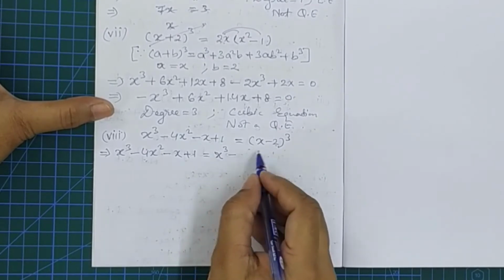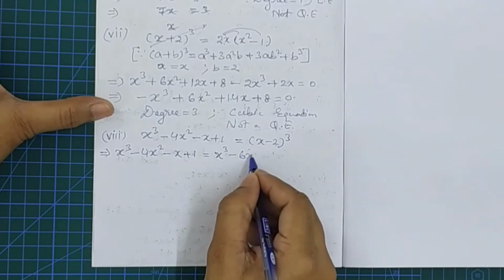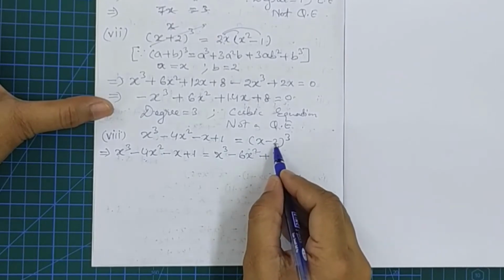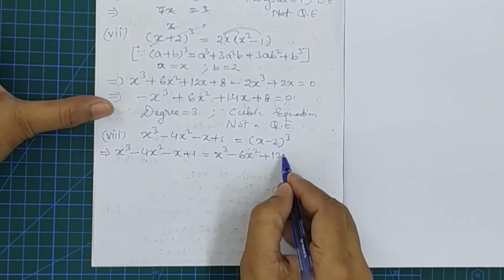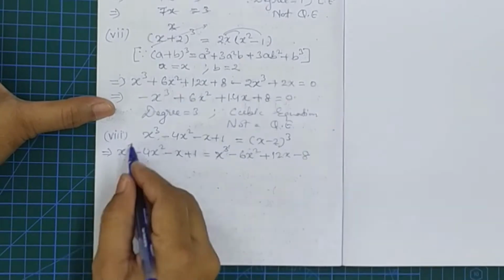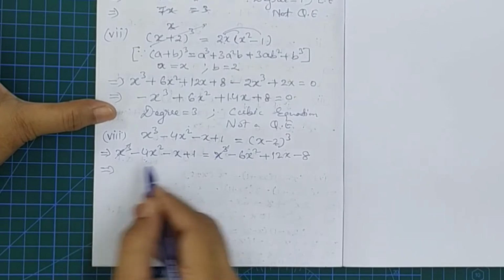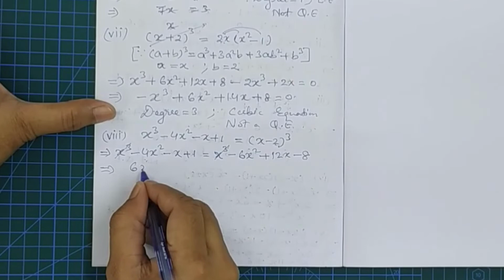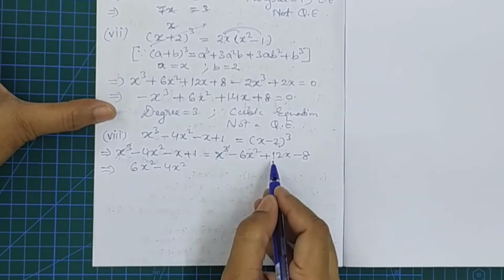minus 3a square b. So 3 into 2, 6x square, plus 3ab square. So 3 times b square, 12x, minus b cube is 8. Either sides like terms we can cancel. And then transposing these three terms to the other side, we have here 6x square already existing minus 4x square.